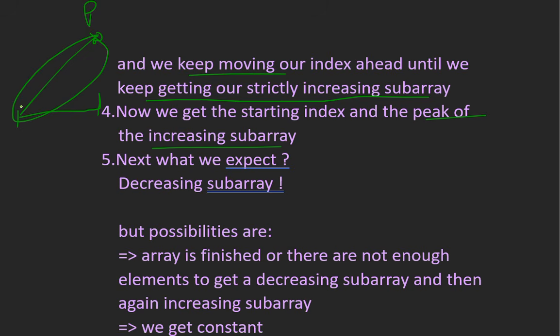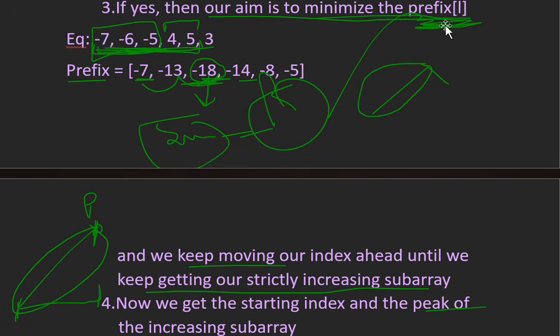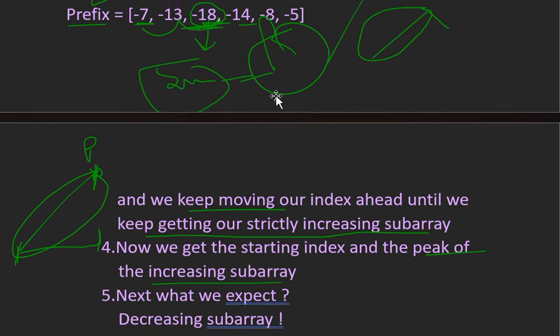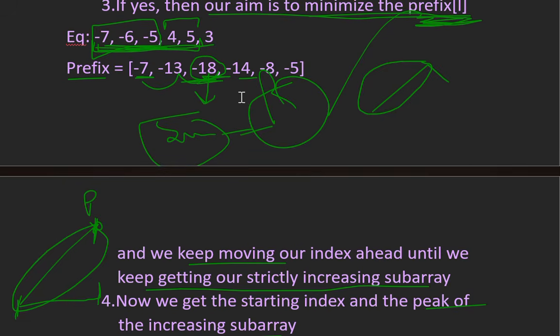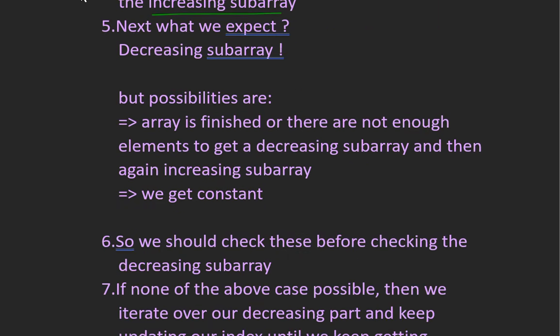So we'll be storing the index of the peak, and with that also the minimum of prefix of L, because that we have to subtract. Now we have the increasing subarray, and next we want the decreasing subarray.